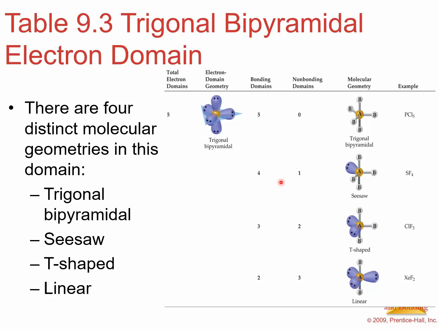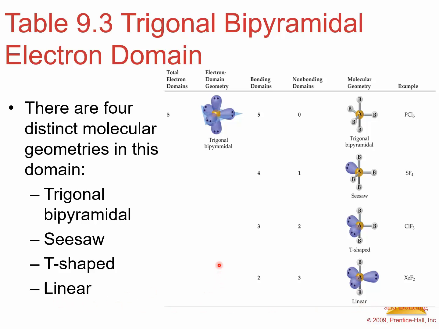If we have 4 bonding domains and 1 non-bonding, like in SF4, this is called seesaw. If we have 3 bonding domains and 2 non-bonding domains, like in ClF3, then we have T-shaped. And if we have 2 bonding domains and 3 non-bonding domains, like in XeF2, then we have linear.